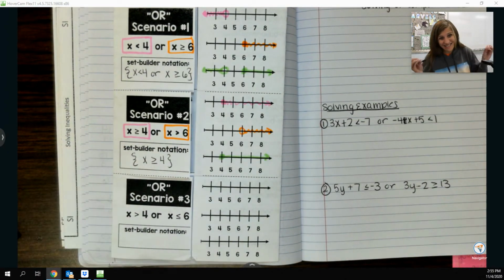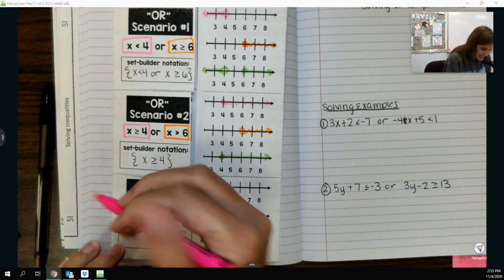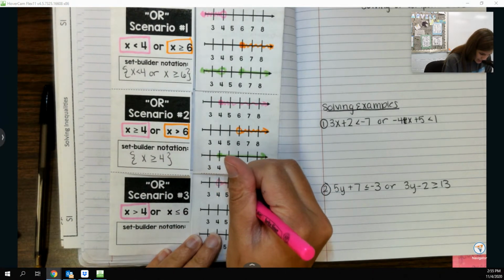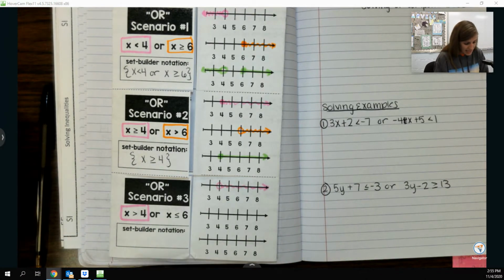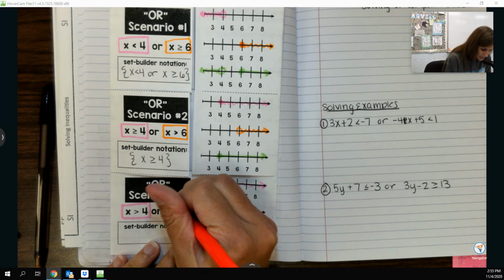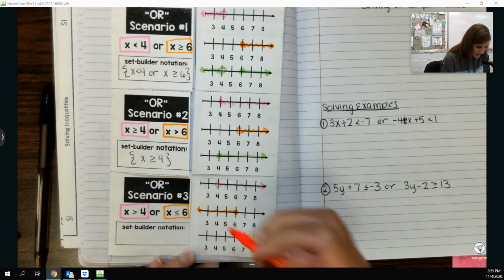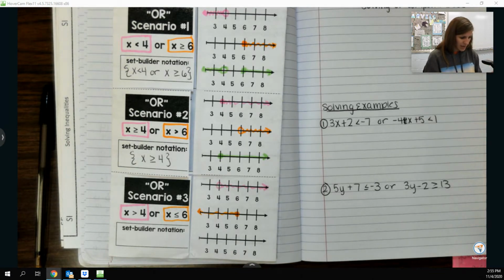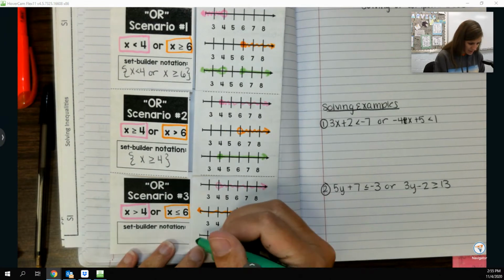Or the last "or" scenario, too many ors, is X is greater than 4, so this way. Or it's cool, X can be less than 6, less than or equal to 6, excuse me. So equal to is a filled in dot, and that way. So you can be bigger than 4, and you can be less than 6. And so if I take both of those things at the same time, I think I get the entire graph.